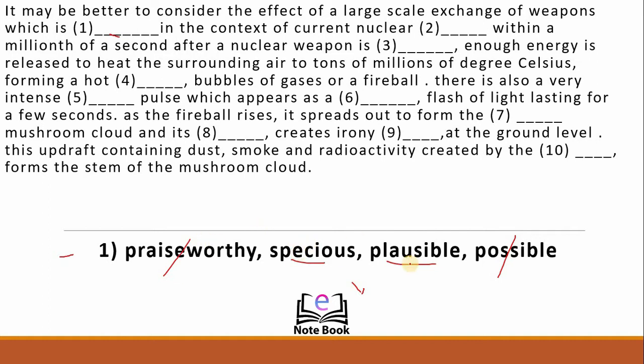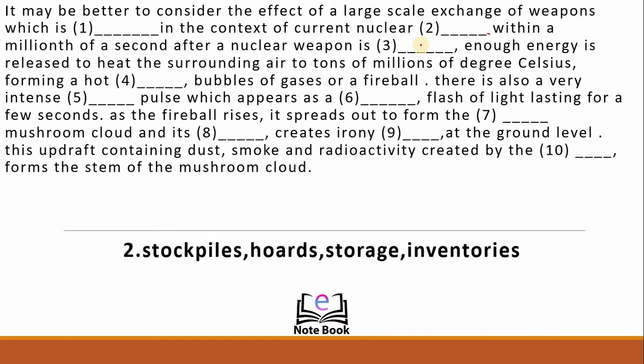We know that plausible is used in a positive context, while specious has a negative connotation. In this passage, we are talking about the effect of a large-scale exchange of weapons, which has to be a negative thing. So our option here will be specious. That is the way to select the answer.